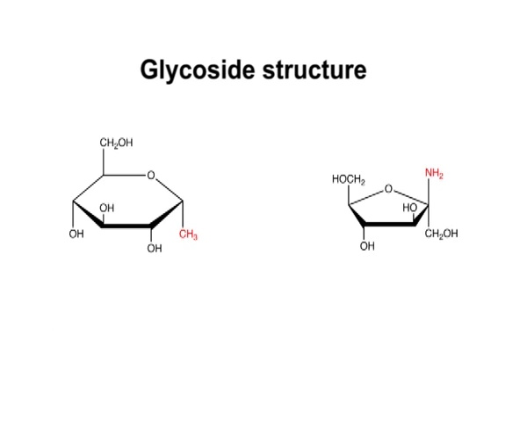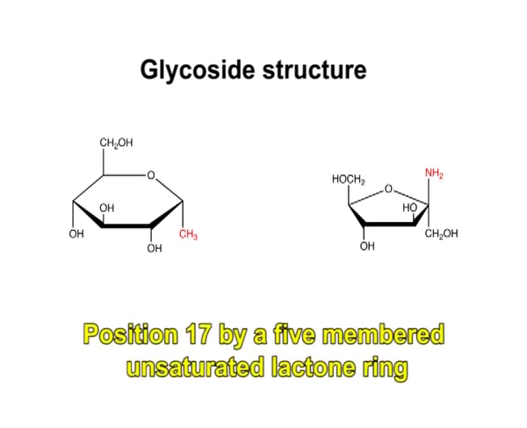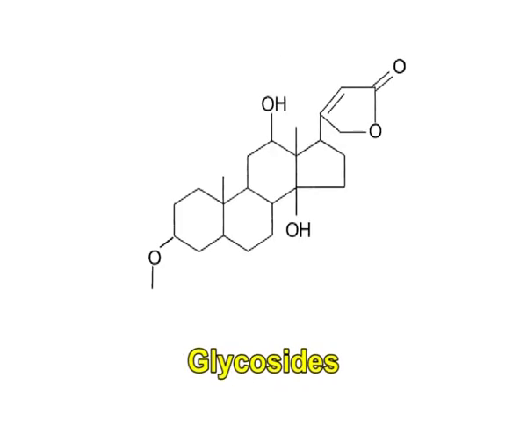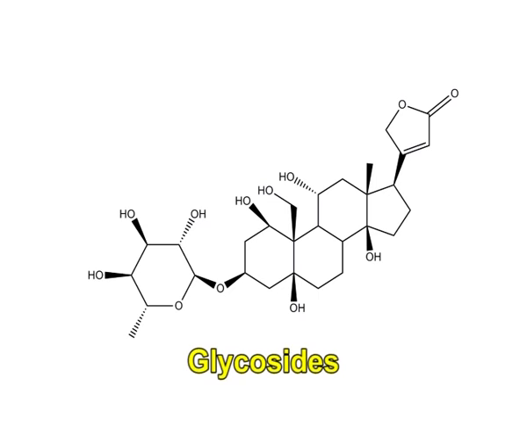The aglycone portion is usually substituted at position 17 by a 5-membered unsaturated lactone ring. The sugar moiety is generally substituted in position C3. The structures of some of the glycosides are as follows.